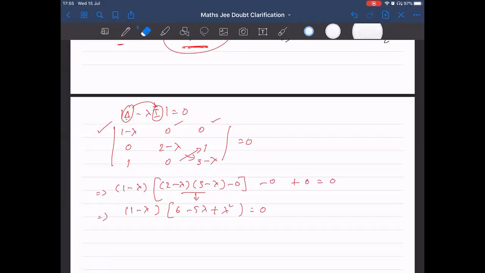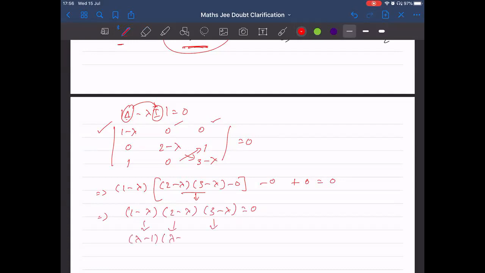So just let me try to erase this. So here 1 minus lambda into 2 minus lambda into 3 minus lambda. So let me instantly take minus common from these three. So I will be getting lambda minus 1, lambda minus 2, lambda minus 3, and we will be having a minus here because we have taken minus common from each of the brackets. So minus equal to 0.